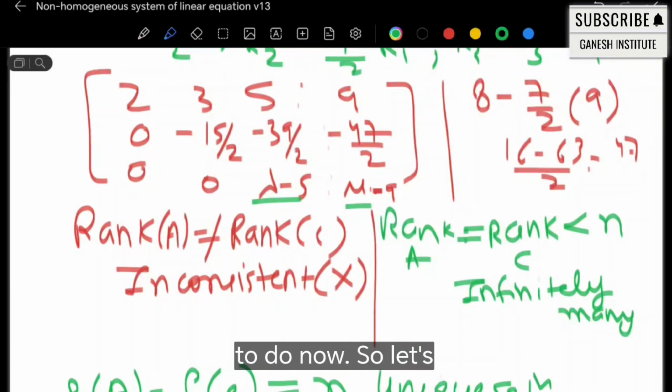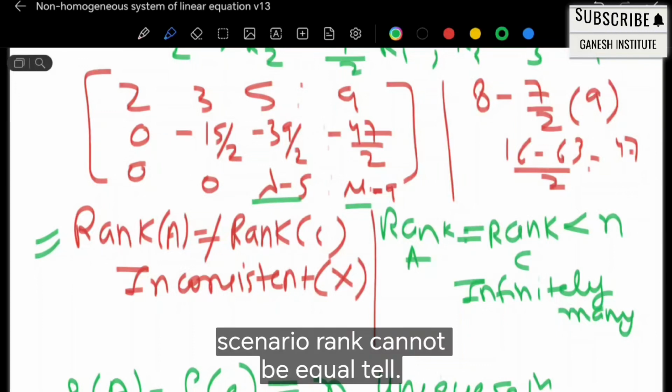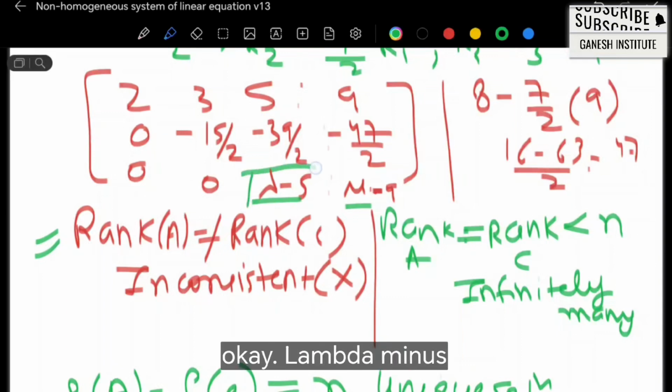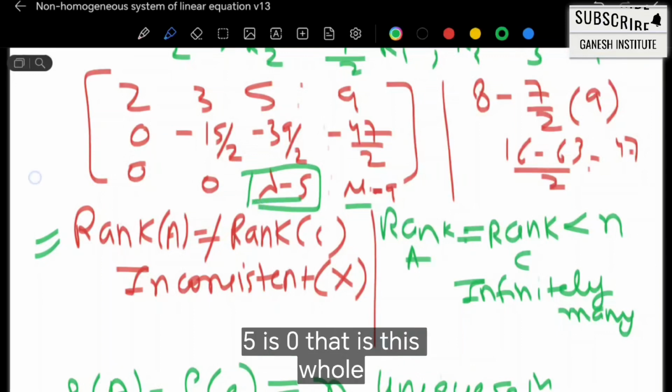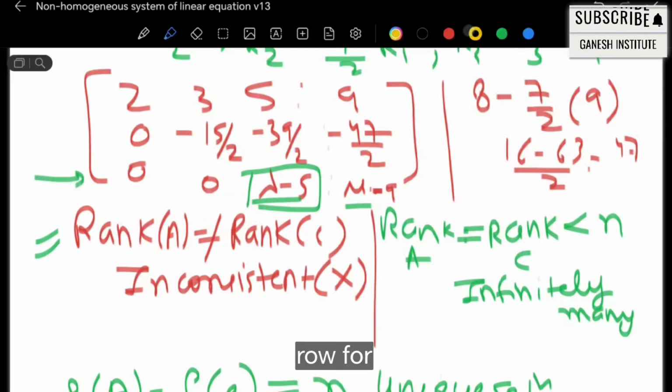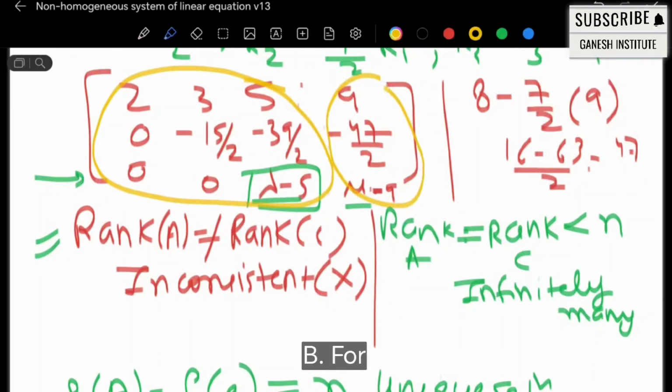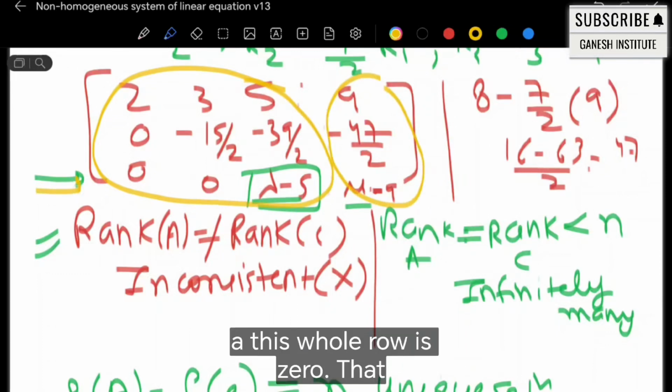What to do now? So let's suppose that rank is not equal. In which scenario rank cannot be equal? Tell me rank of A. If I consider that lambda minus 5 is 0, that is this whole row for A. Just see A, this is B. For A, this whole row is 0.